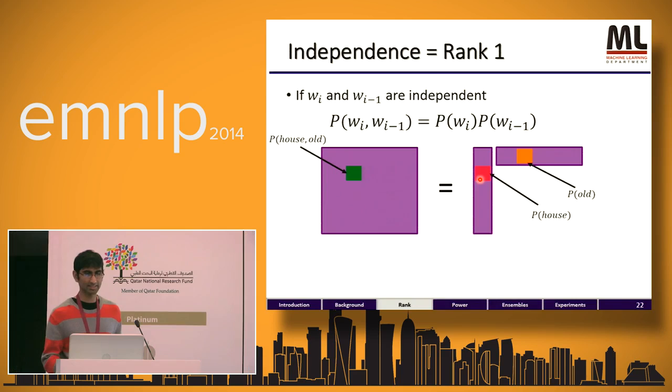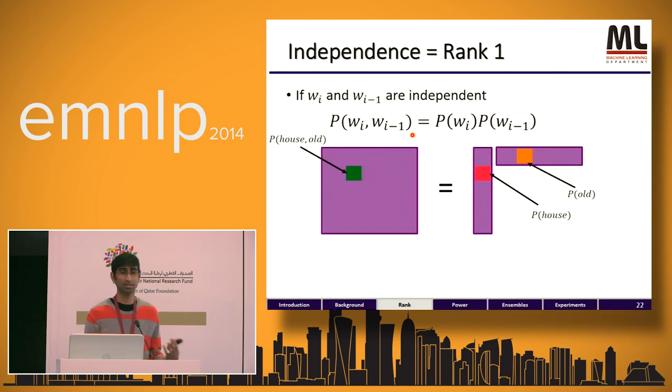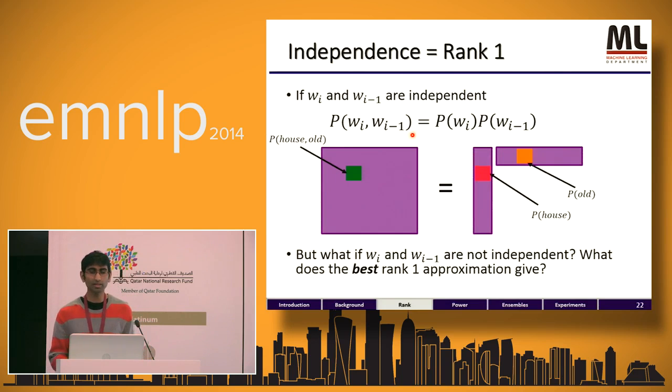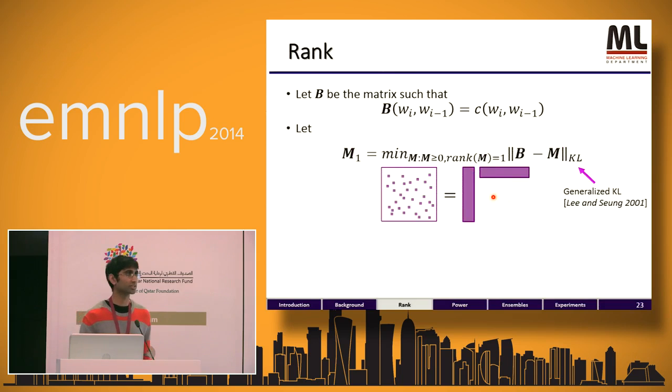But what I would really like to say is that regardless, I'm actually going to compute these bigram counts from the data. And regardless of whether w_i and w_{i-1} are independent, I would like the best rank 1 approximation to be this factorization of the model. Okay? And this is actually not true under a lot of norms. It's not true under L2 or SVD, for example. But it is true under KL divergence.